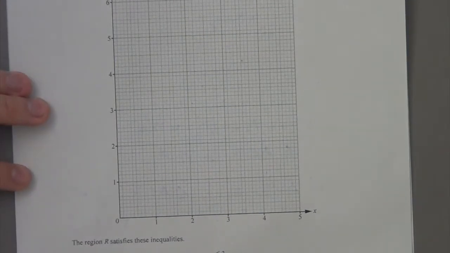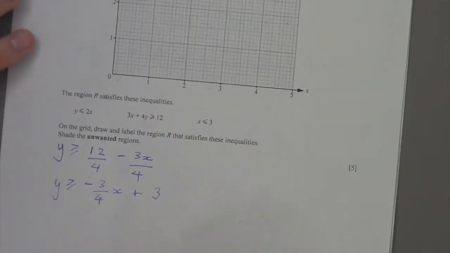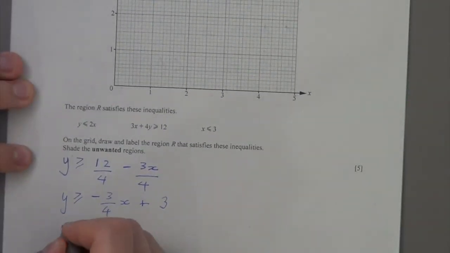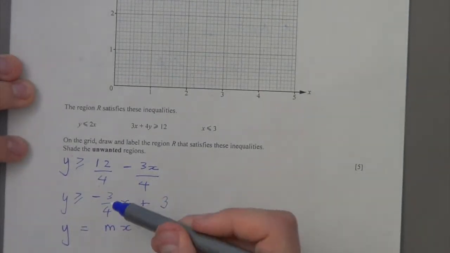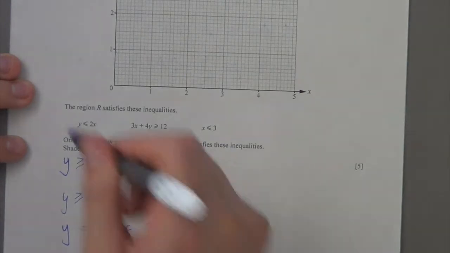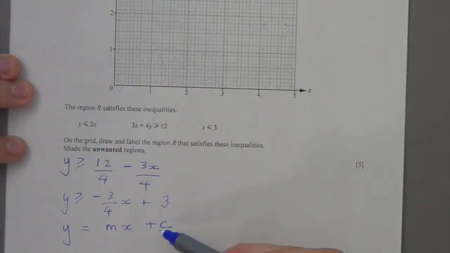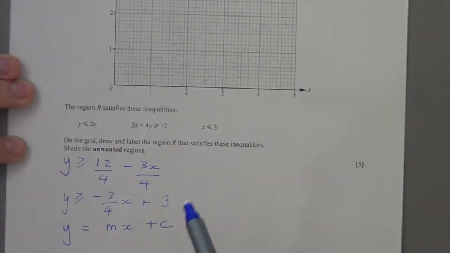Because I've just literally written this in the form y equals mx plus c, I know this is going to have a negative gradient going downwards like this, and it's going to cross the y-axis at 3.